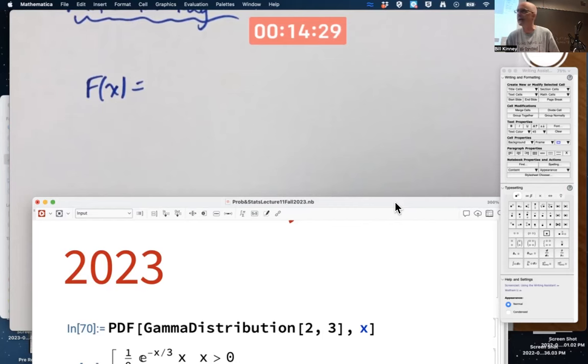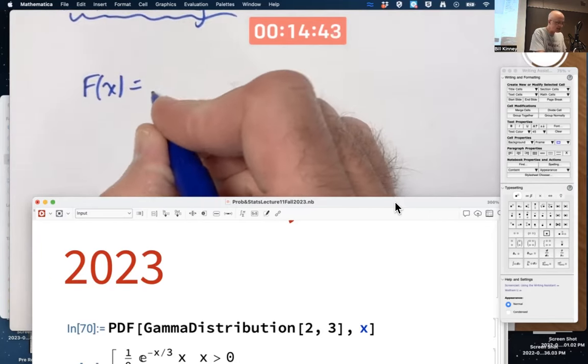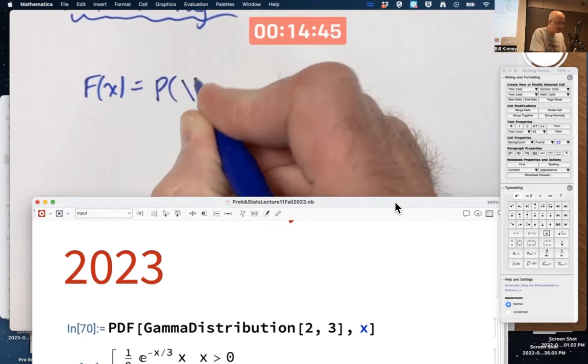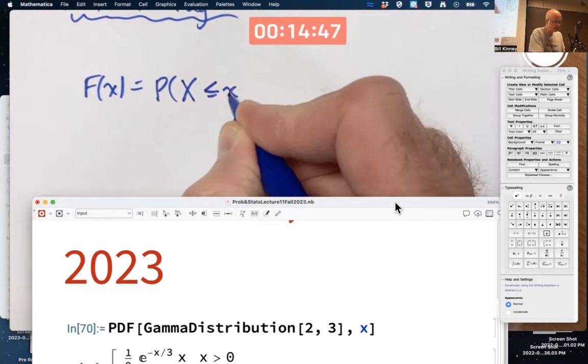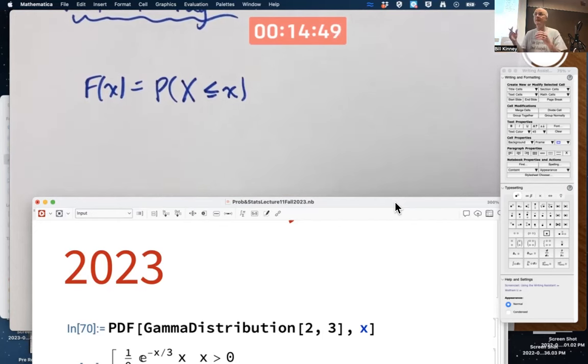There are mixed random variables that are somehow both discrete and continuous. Will we encounter such things? Oh, maybe for fun sometime soon we'll talk about one, but you won't have any homework problems about them. Always, always, always, this is the probability that the random variable capital X is less than or equal to little x. No matter what your random variable is.